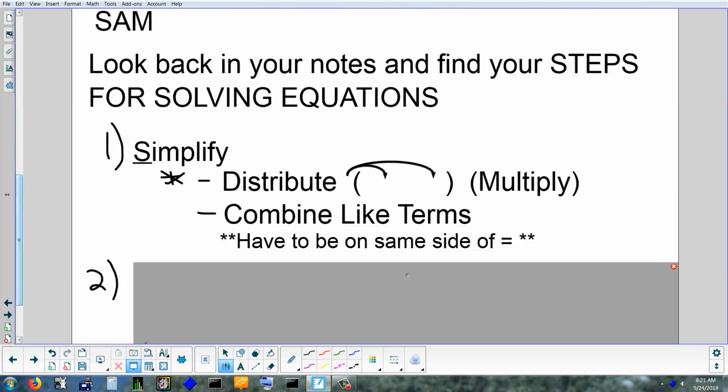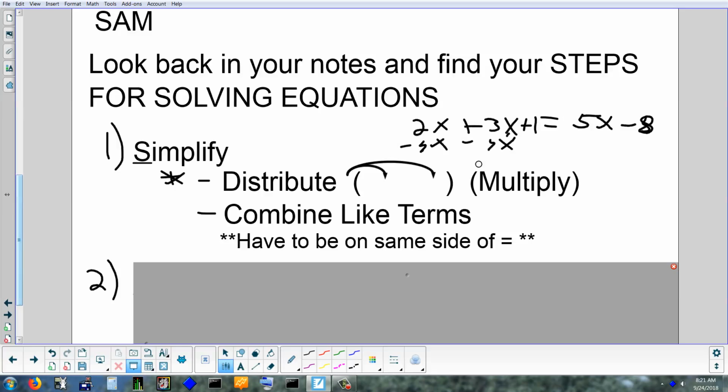Okay, so one mistake that Mr. Roy and I see a lot is something like this. Let's say 2x plus 3x plus 1 equals 5x minus 8. And I see some like terms on the left-hand side. A lot of times people try to combine these and say, oh, minus 3x, minus 3x.